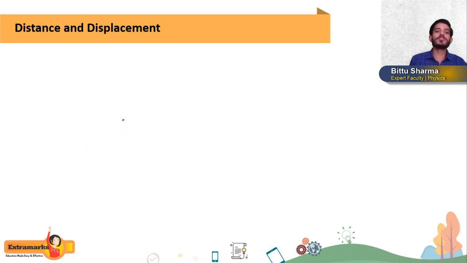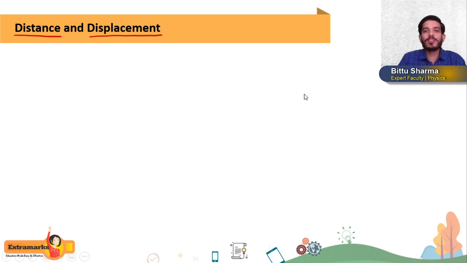So first of all, in motion in 1 dimension, you have to understand what is distance and what is displacement. Here I am not going to give you the definition because you all know what distance is. Distance is the actual length of path, and displacement is the shortest distance between the initial and the final point.